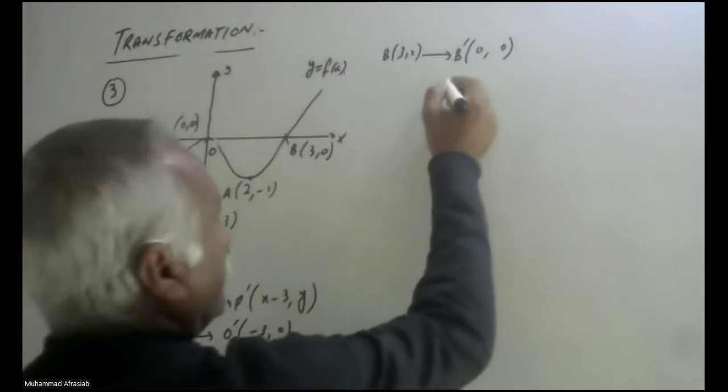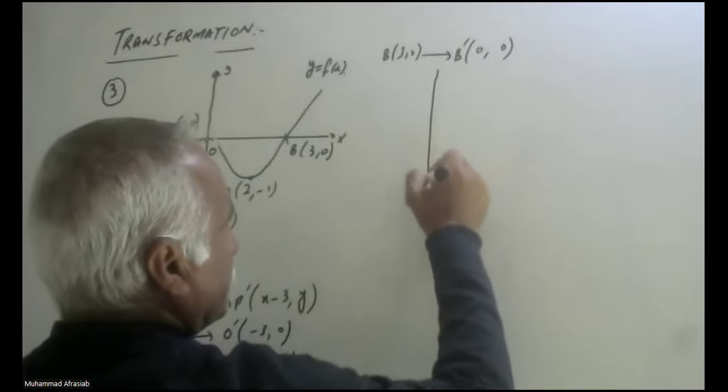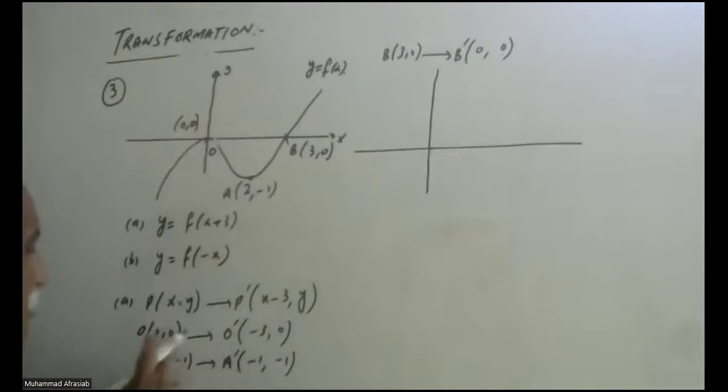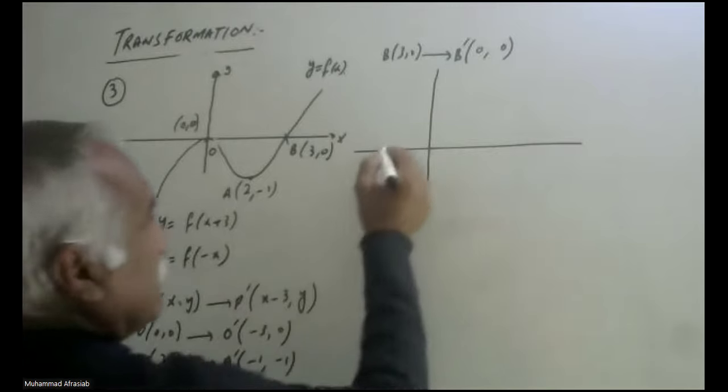So with respect to part A, f(x) plus 3, this graph is shifted to the left by 3 units. So we draw the sketch of this. O, which is (0, 0), is going to be (-3, 0).